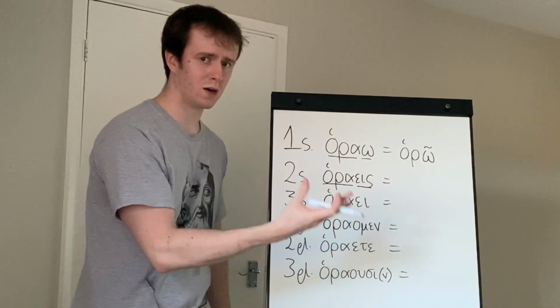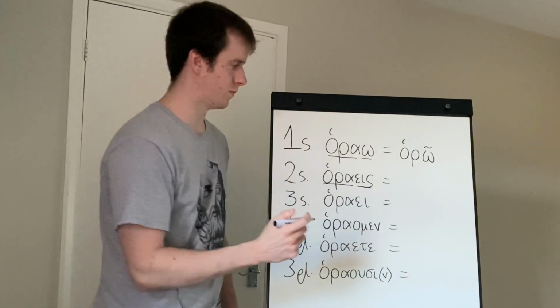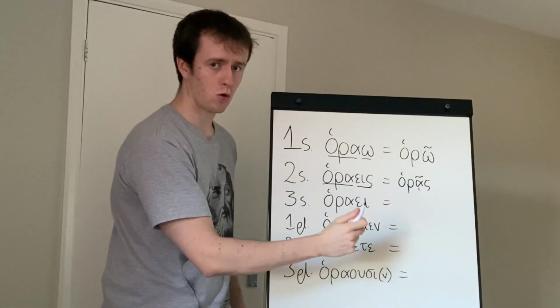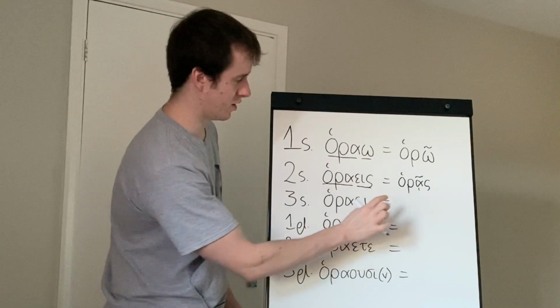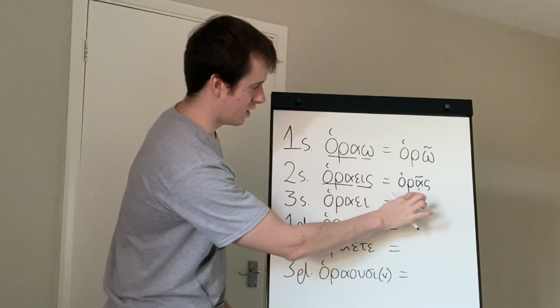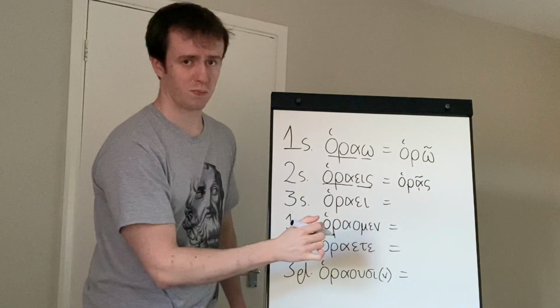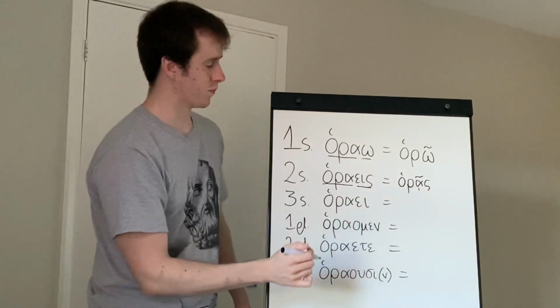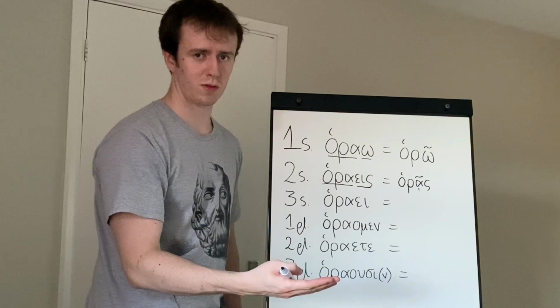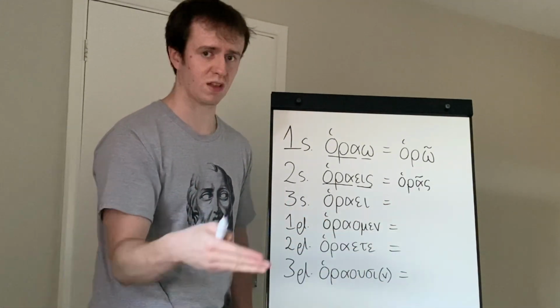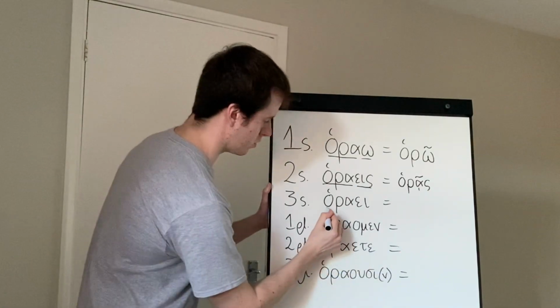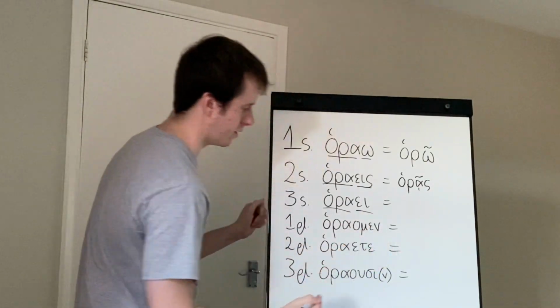So, hora plus eis makes horais. Horais. You can see that the epsilon is lost in the contraction, but the iota goes subscript and goes beneath the alpha. And to keep the meaning of these verb forms in mind, horais would mean you singular see or you singular are seeing.